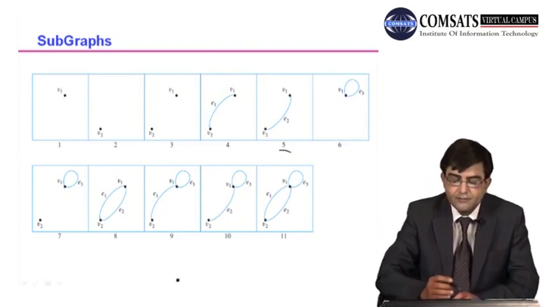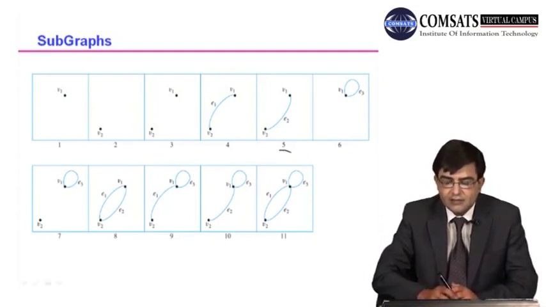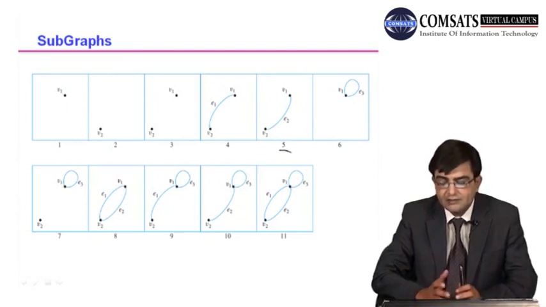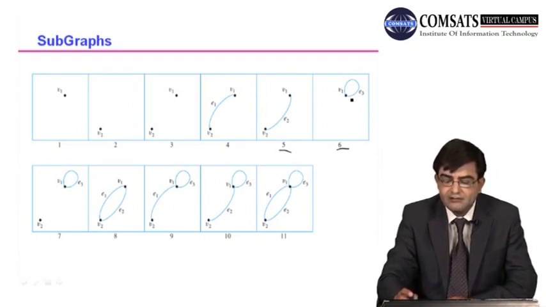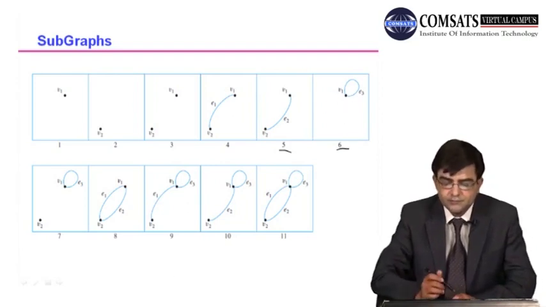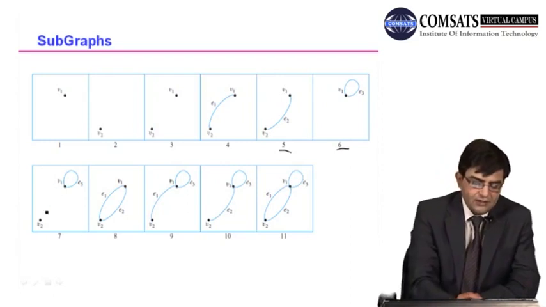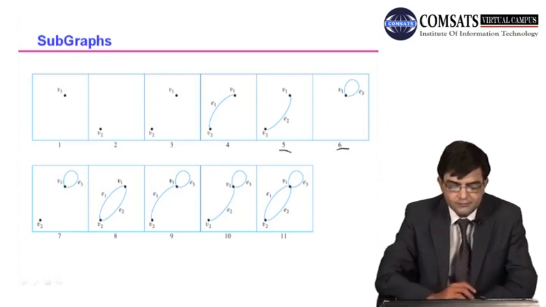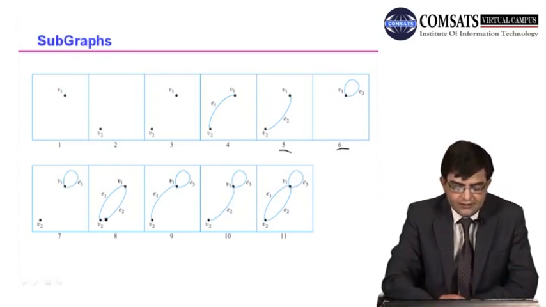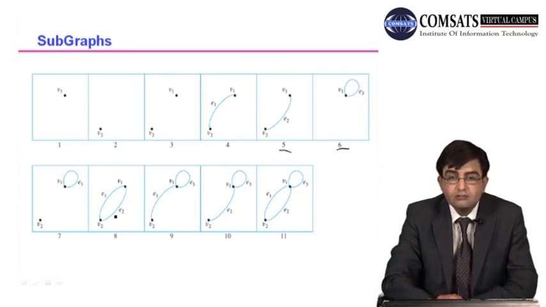Fifth, we can write another subgraph, V1, V2 and edge E2. It satisfies all the conditions, therefore it is a subgraph. Another, sixth subgraph is V1 and the loop, and the seventh is V1 and V2 with a loop drawn on V1. The eighth graph is V1, V2 and E1, E2.